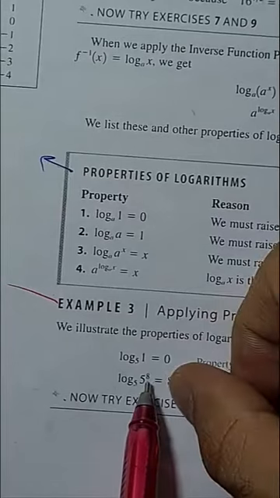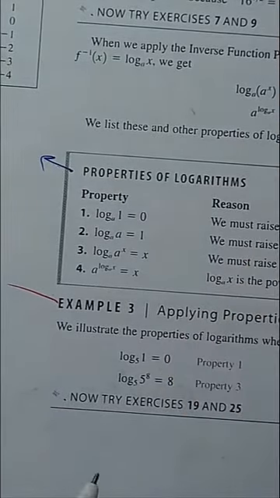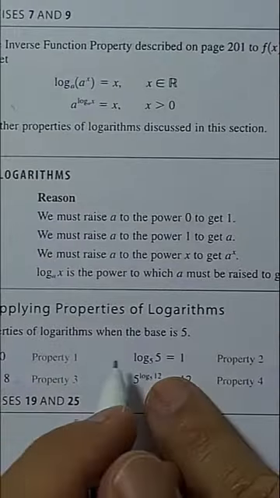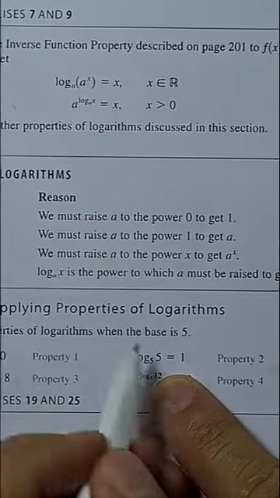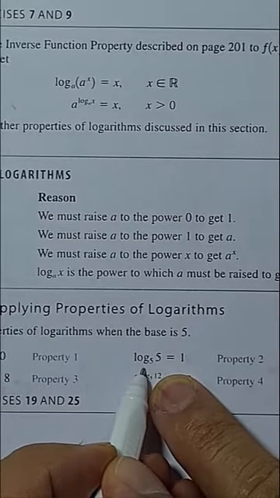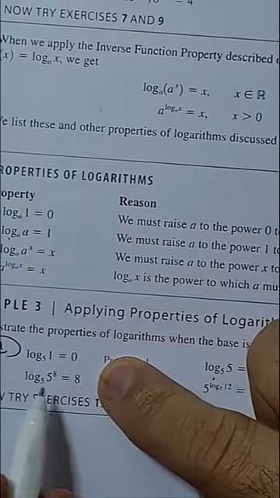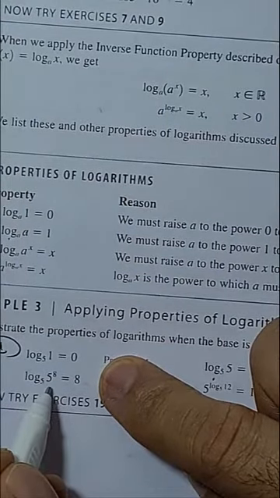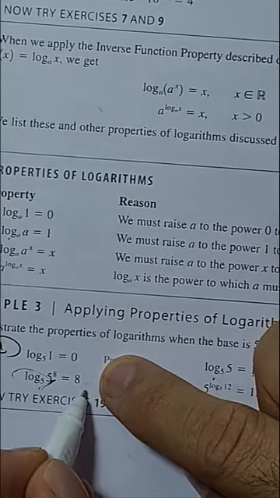How about this one? The base and the variable are equal, so by the property it is 1. How about this example? They are identical, so I have just 8.